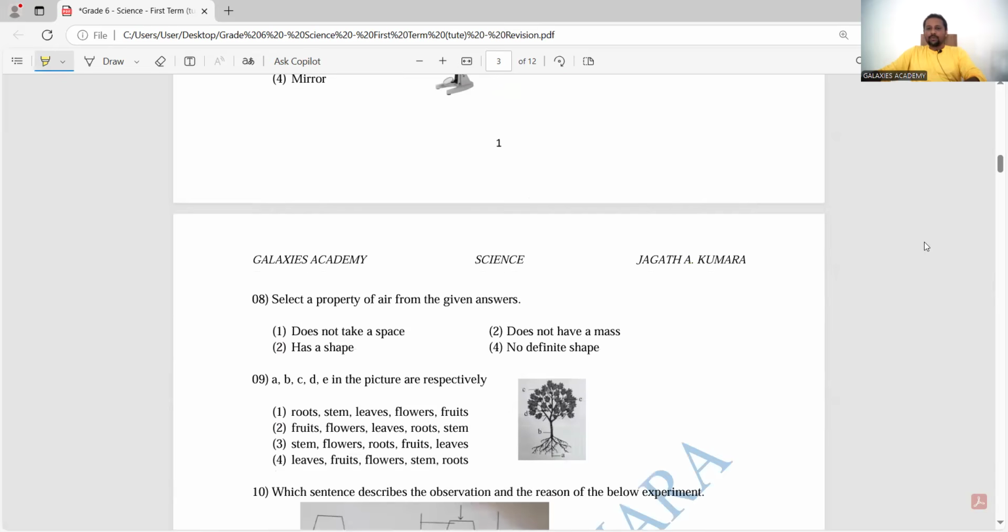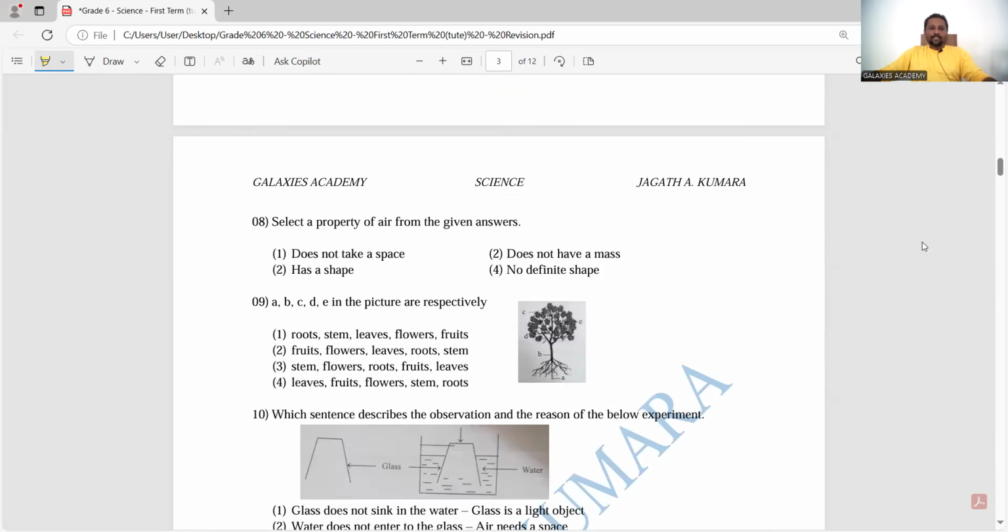Right. Now let's go to the next page. The next page is given number 8. Select a property of air from the given answers. In the second lesson, we discussed air. Air belongs to matter, right?